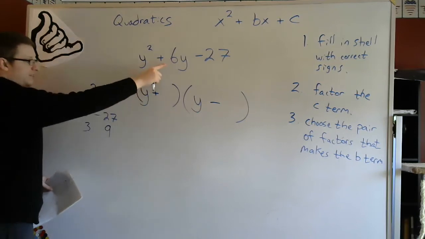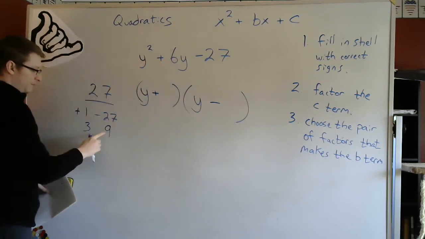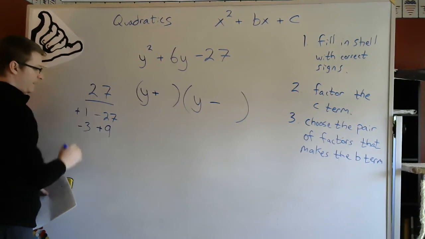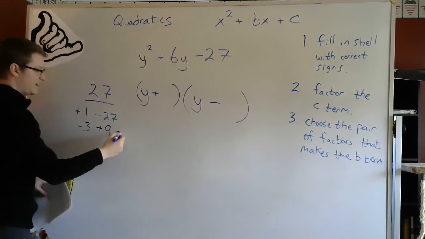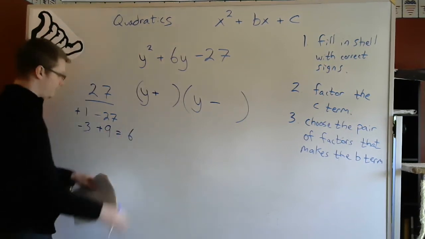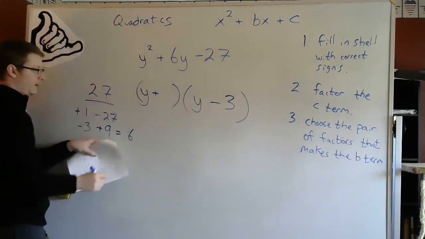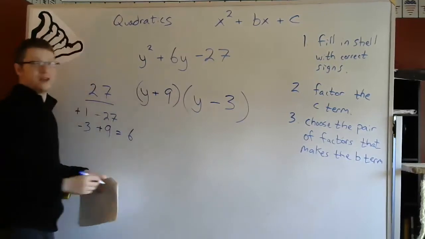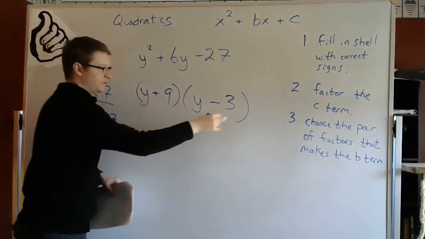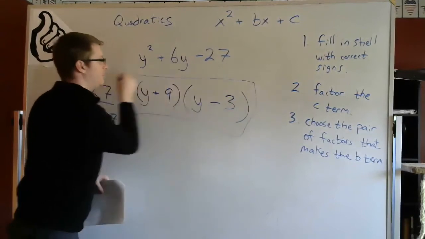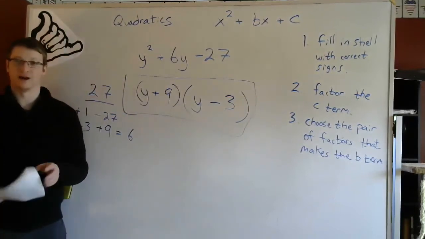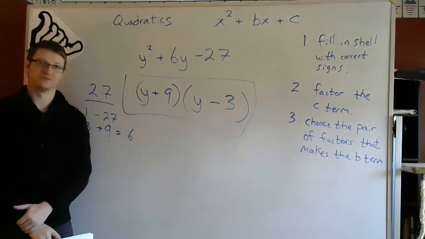And if I want a positive 6, then I want the bigger number here to get the plus sign. So that I have negative 3 plus 9 gives me positive 6. So the negative has the 3 and the positive has the 9. And you can always double distribute and check. But we would have y plus 9 and y minus 3 as our answers.